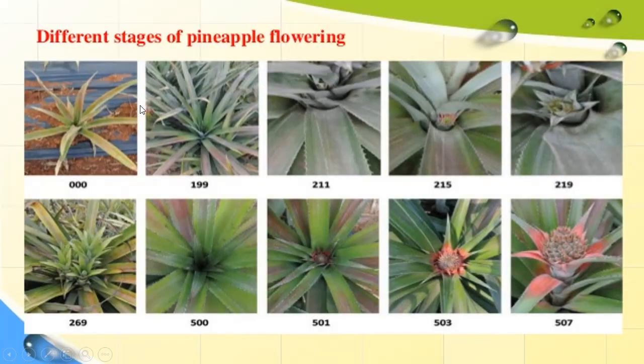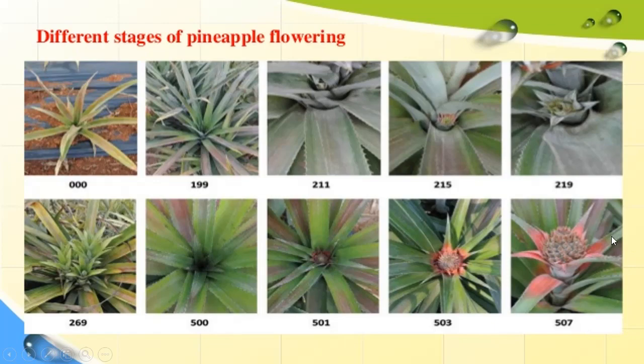Now, these are the stages found in pineapple. The first one, the second one, the third one, and as it follows, you can see that a small structure is growing from it, and this structure is ultimately forming into the pineapple that we can eat. So the flower starts from here, and it ultimately changes into the pineapple.